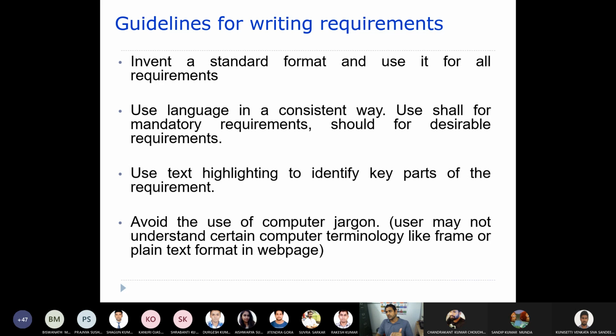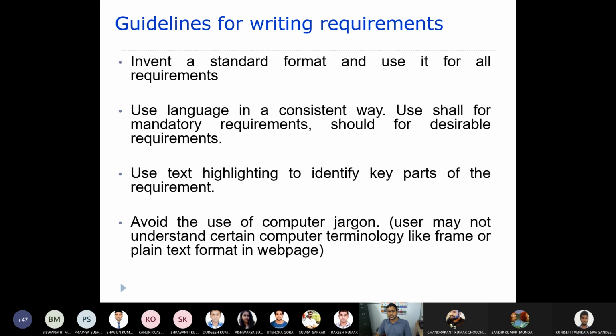It should not leave different contradictions at different points of time. The vocabulary that you are using should be used consistently for desirable requirements, and for all the mandatory requirements, whatever the requirements are there, to define them.